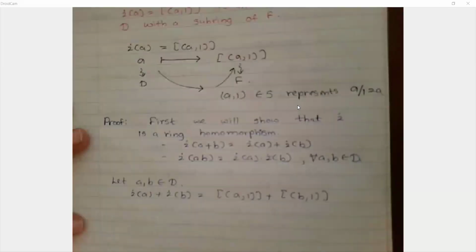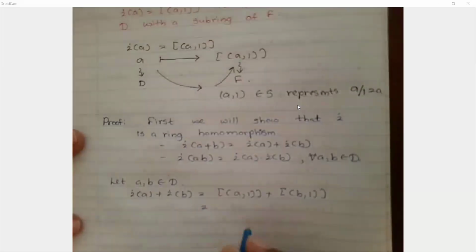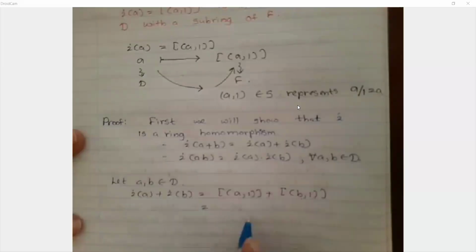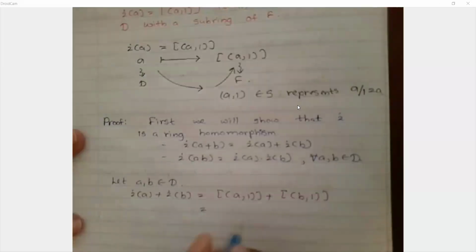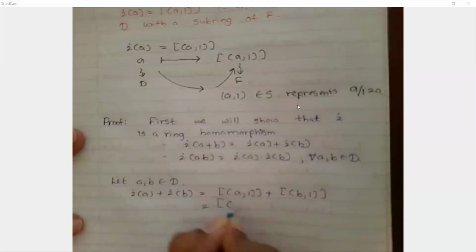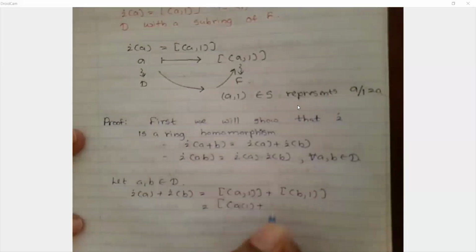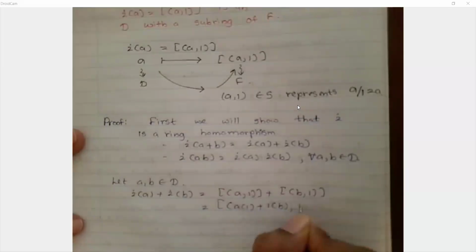Now, we know addition is defined on F. How do we add these two classes together? We get A times 1 plus 1 times B, comma, the second component will be 1 times 1. So we have A times 1 plus 1 times B, comma, 1 times 1, which is 1.